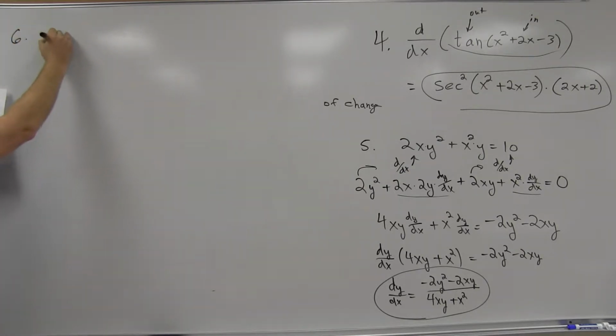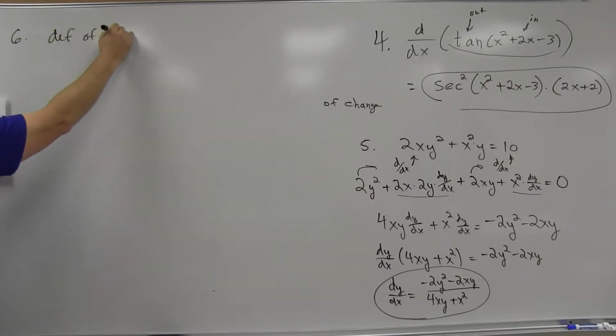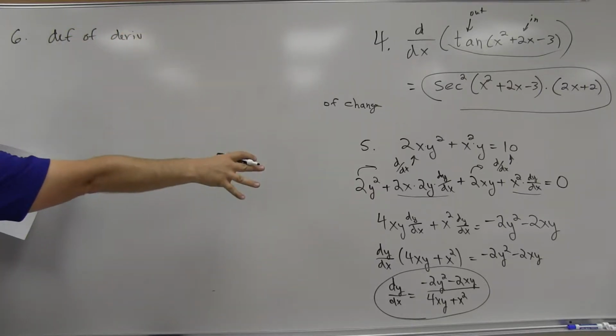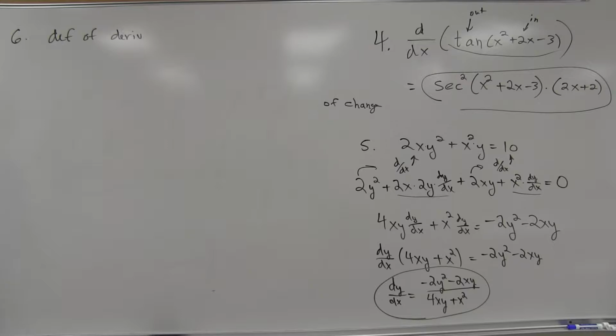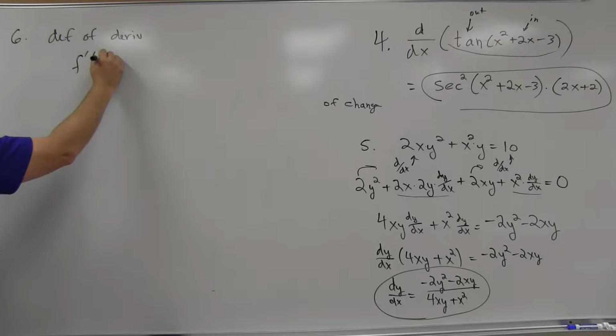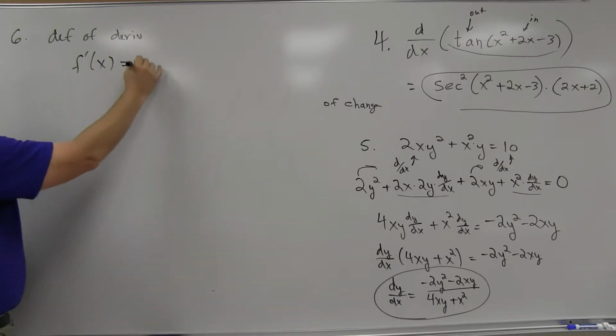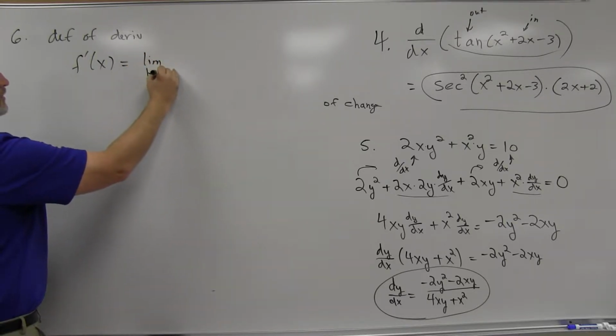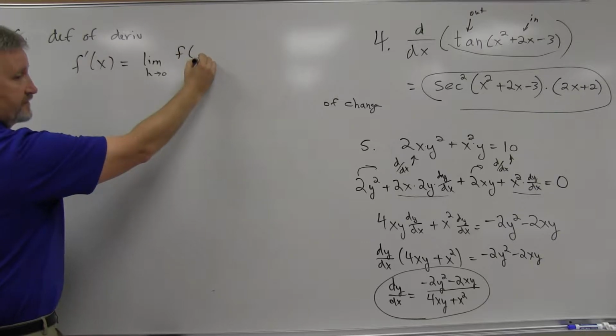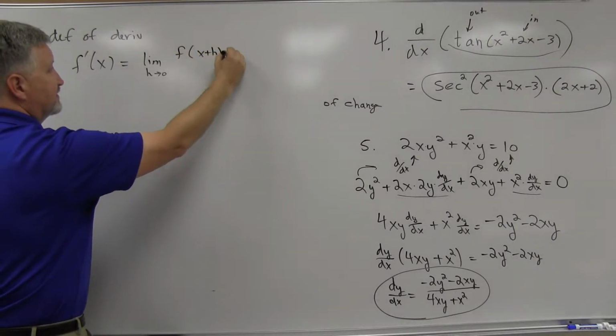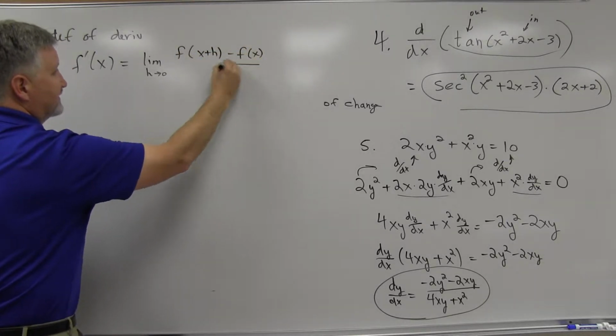I'm not going to make you do the definition of derivative for those that we know the rule for now, but just a reminder, definition of derivative, f prime of x equals, well, it's a limit, right? Limit as h approaches 0, f of x plus h minus f of x over h.